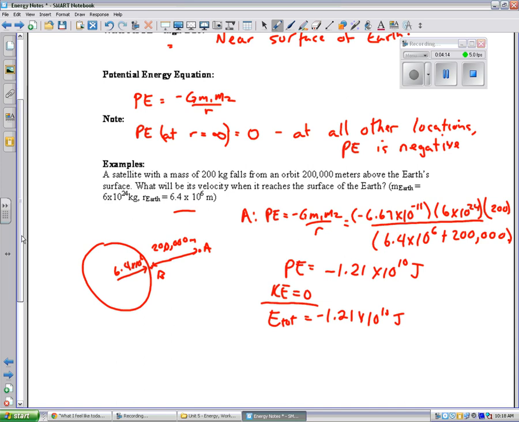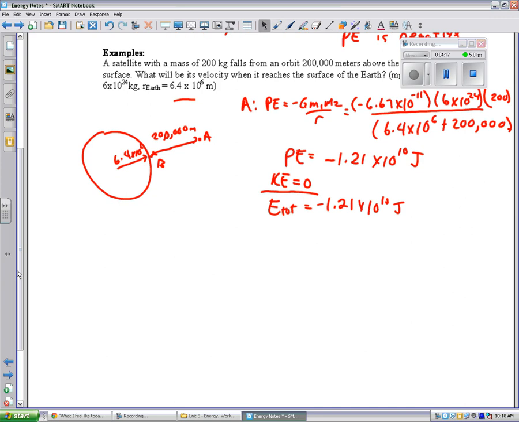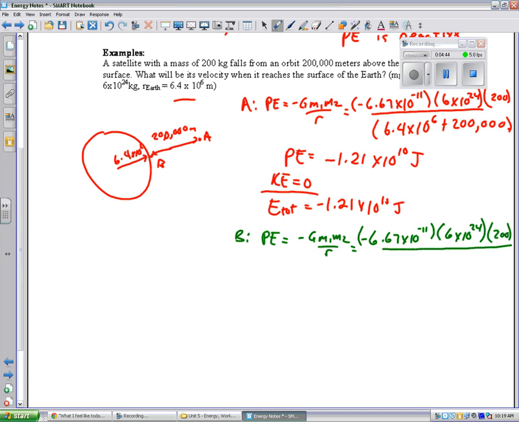Then we're going to look at point B. All right, the PE there is going to be negative G M1 M2 over R, so minus 6.67 times 10 to the minus 11th times 6 times 10 to the 24th times 200 divided by, and now the R has changed to just the 6.4 times 10 to the 6th.